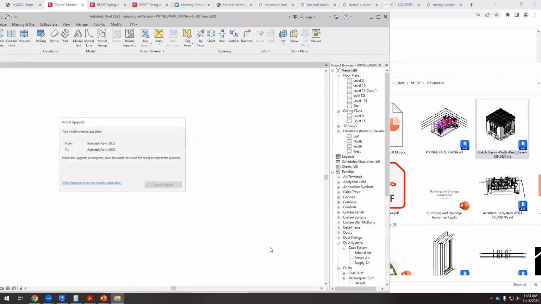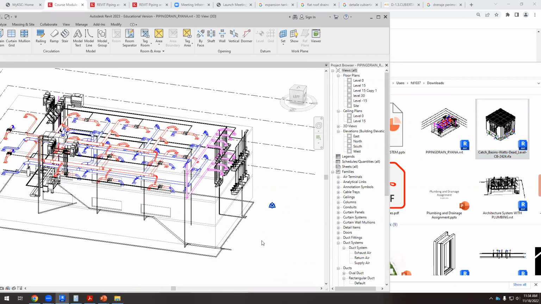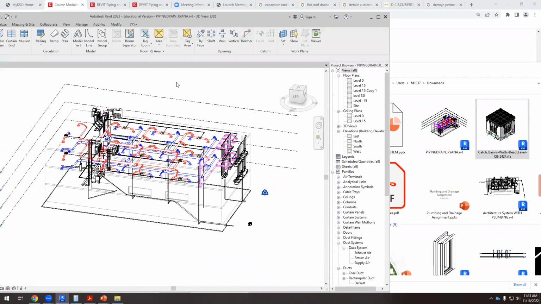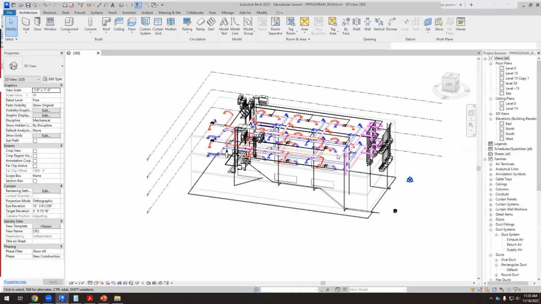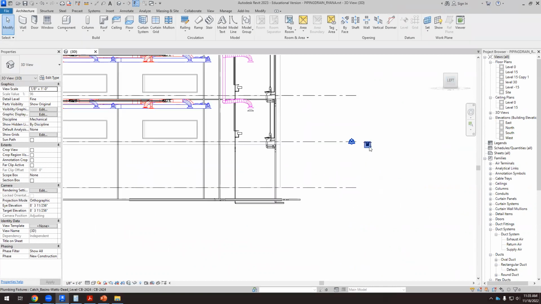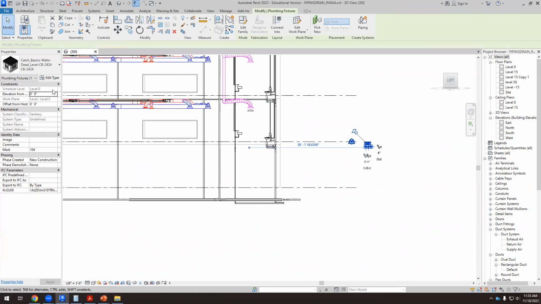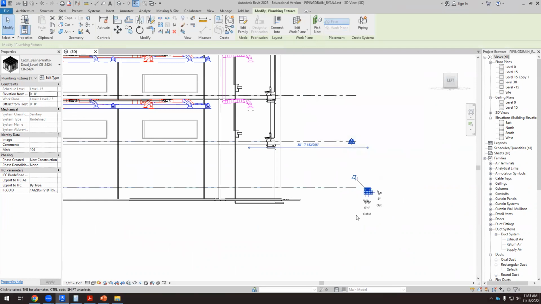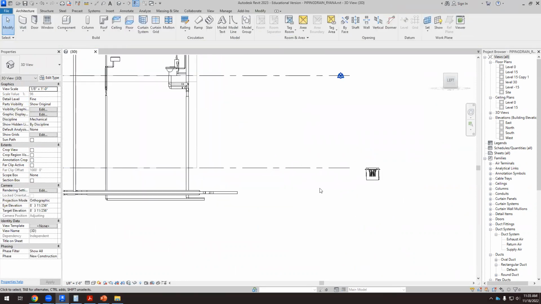So I'm going to load this here. And I have to place it at the right level, which is level -15.